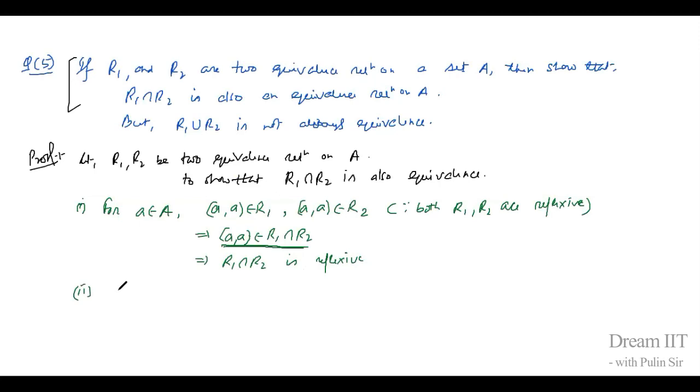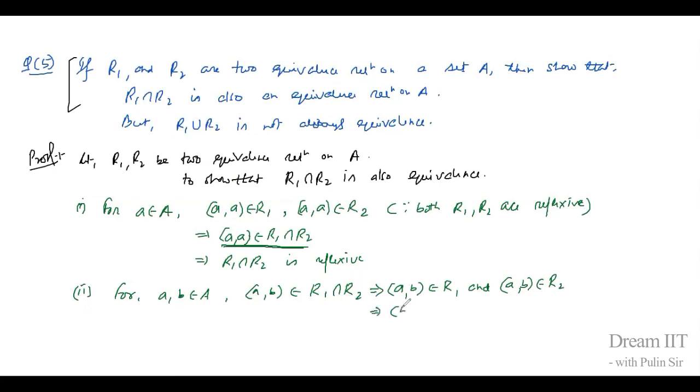Now number two, for any two elements, I should start with A comma B belonging to this. Now I have to say that B comma A belongs to this. Immediately, using the definition of intersection, A comma B will belong to each of these relations individually.